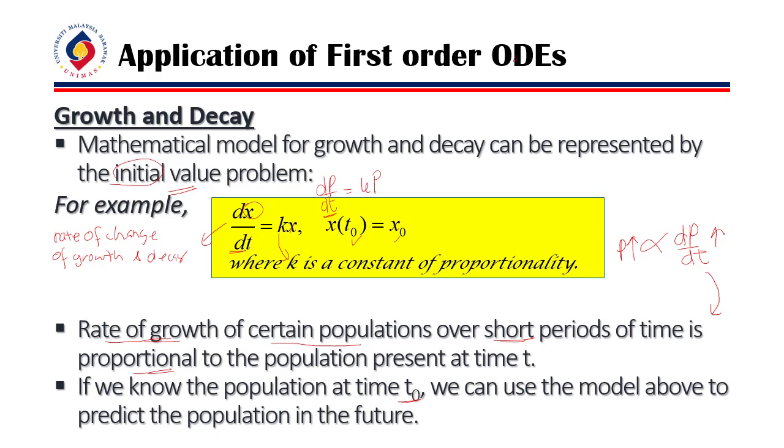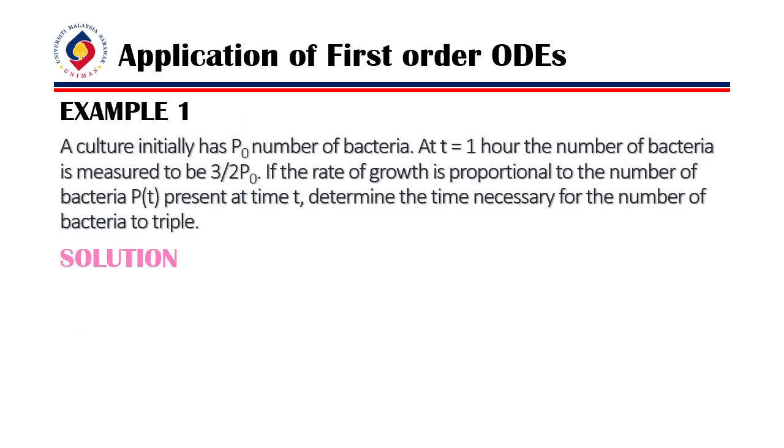Well, we go to the next slide first. Before we go to the example, we go to the basic idea or the concept of the population. In the formula previously, let's say for the population, we have dP/dt equal to kP.